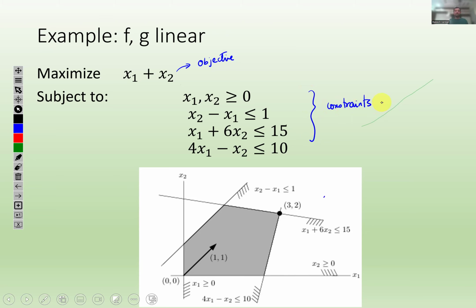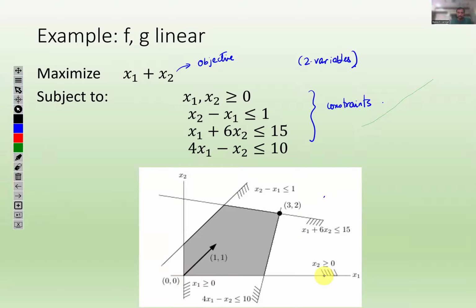Here's the simplest case, where f and g are both linear. You have only two variables, x1 and x2, in this example. You want to maximize x1 plus x2, which is the objective, subject to constraints, which I've drawn in a diagram so that it's easier to visualize the domain.